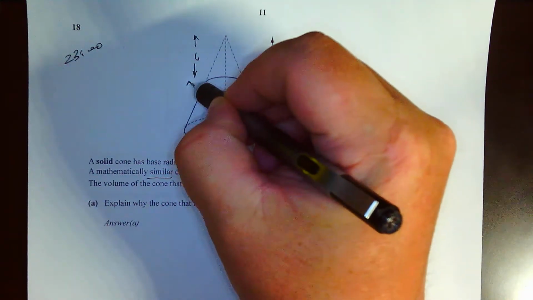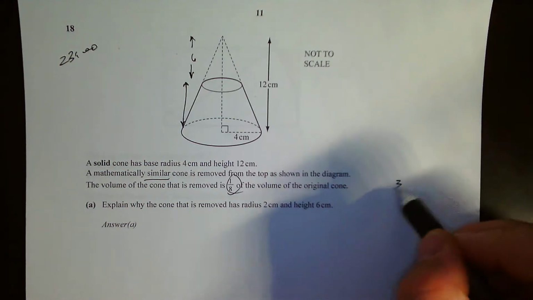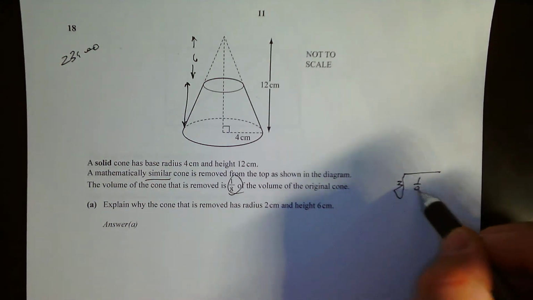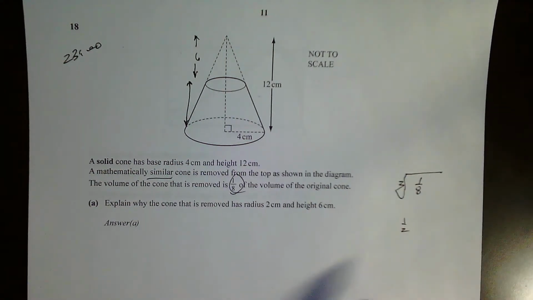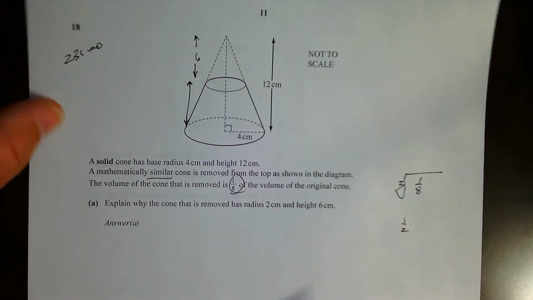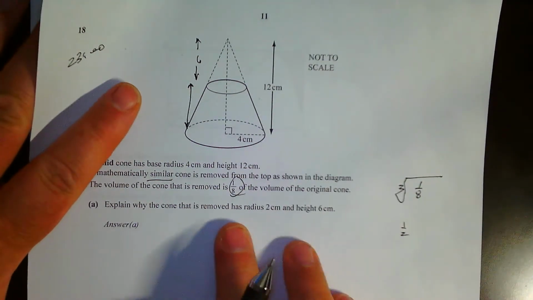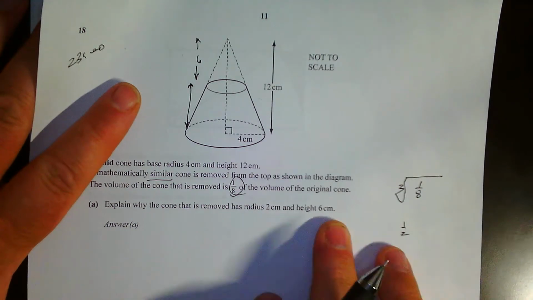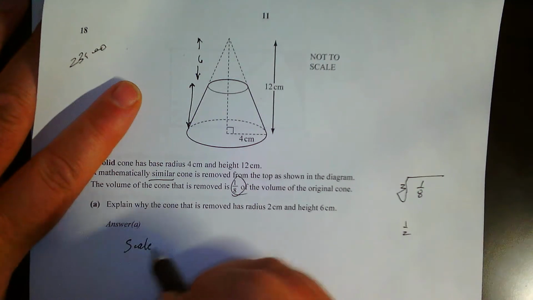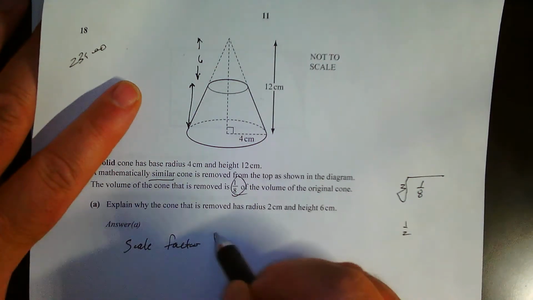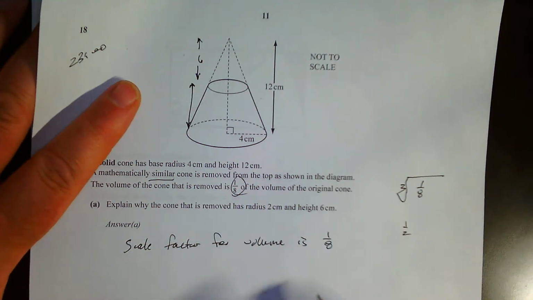I'll tell you why. The scale factor for volume is 1/8. Scale factor for volume is cubed. So that's cube root. So that means the distance, oh man. Okay, that's good. So explain why the cone that is removed has a radius of 2 and a height of 6. The scale factor for volume is 1/8.